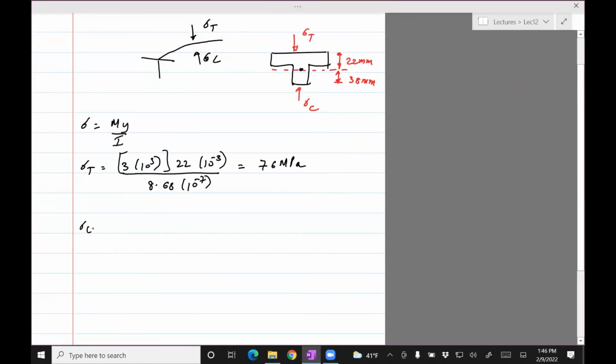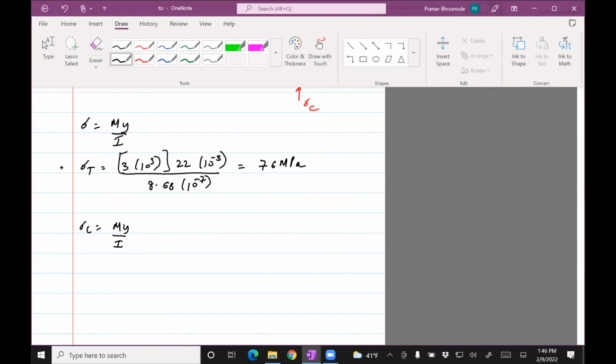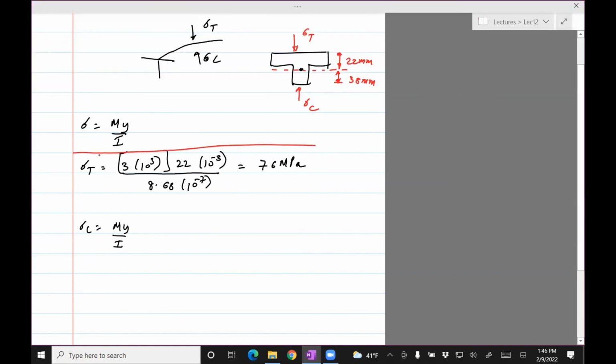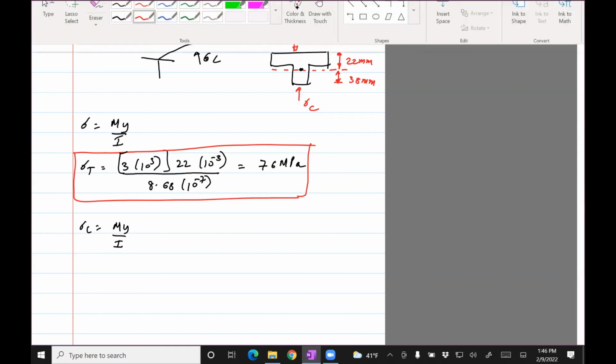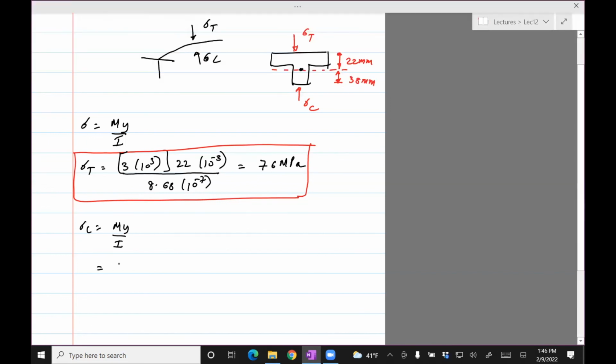And then sigma C, the same formula, except that you'd use a different y. So M is the same thing, 3 times 10 raised to 3. Now the y is 38 because the bottommost layer is in compression.